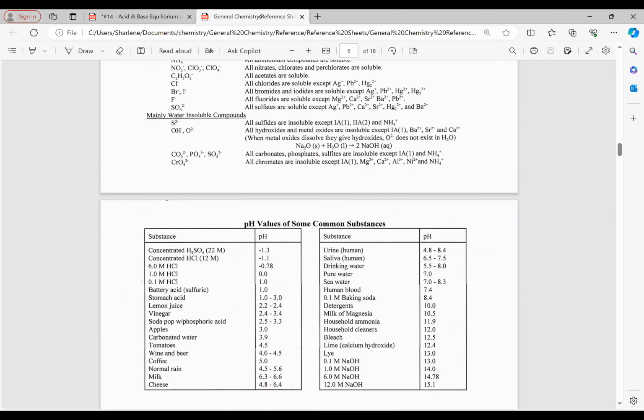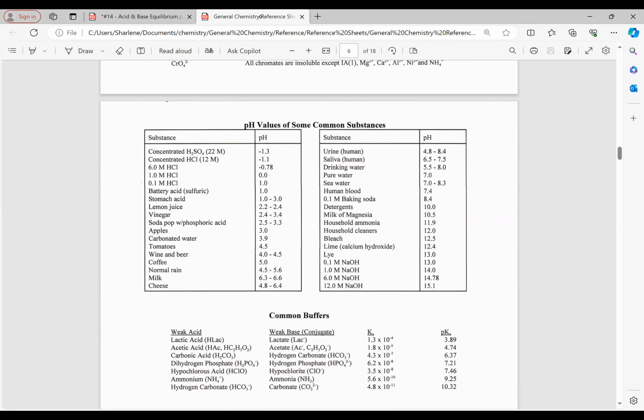I'm going to come back to this in the future, but I just wanted to give you an idea of, hey, what are some of the acids and bases out there in nature that you probably are familiar with? All right, concentrated sulfuric acid. Played with that in lab before. 22 molar, and it has a pH of a negative 1.3.